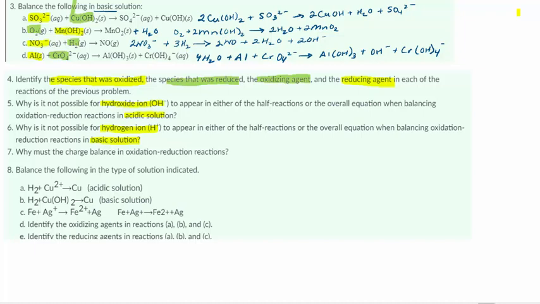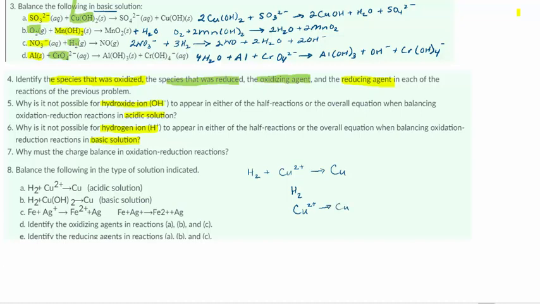Number 8, balance the following in the type of solution indicated. So we have hydrogen and copper reacts to form solid copper or elemental copper in an acidic solution. So first we're going to write out our half reactions, and this one might be a little tricky because we only have the one product.